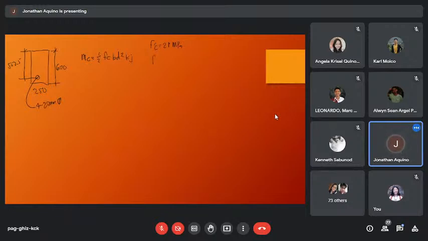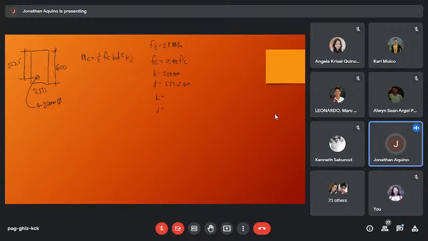So FC, or the allowable strength of concrete, is 0.45 F prime C. Then B is 250 millimeter. Then D is 552.5 millimeter. Then K and J.